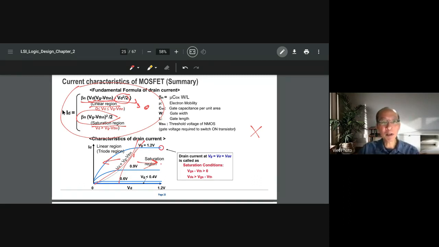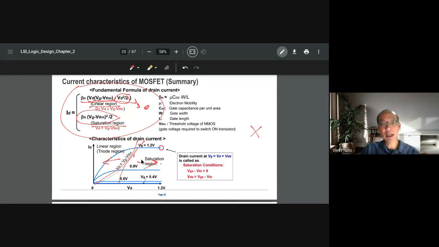But first of all, we need to understand what the current depends on. Here is the drain characteristic, the drain current. On the right is the saturation region, and on the left is the linear region.